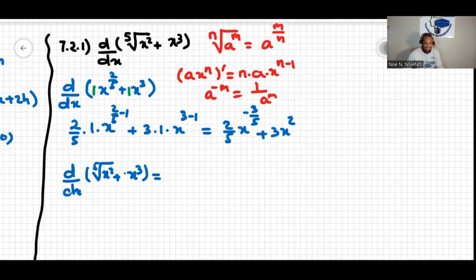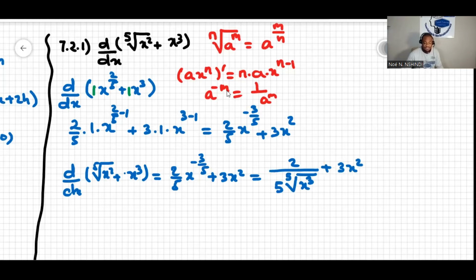The answer is 2 over 5 x to the power of negative 3 over 5 plus 3x squared. You can write it that way, or you can write it following this law of exponents. This will be 5 at the denominator, the fifth root of x to the power of 3, all under 2, plus 3x squared. It's the same thing.